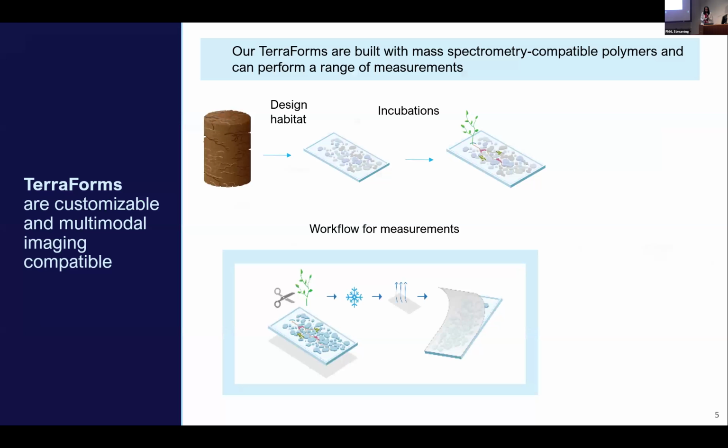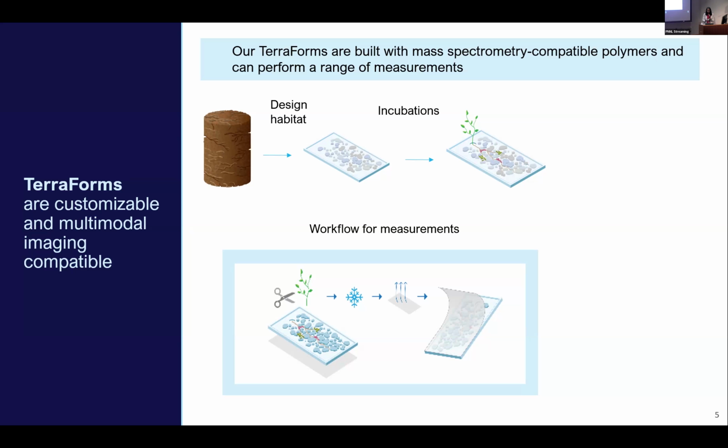As I mentioned, we have developed several different workflows, and you're going to hear about these workflows in the next talk by Jocelyn. Most of these chemical imaging techniques that we currently have are destructive.